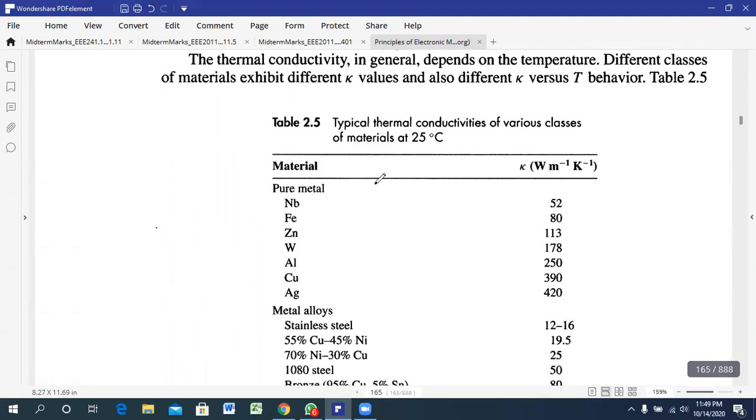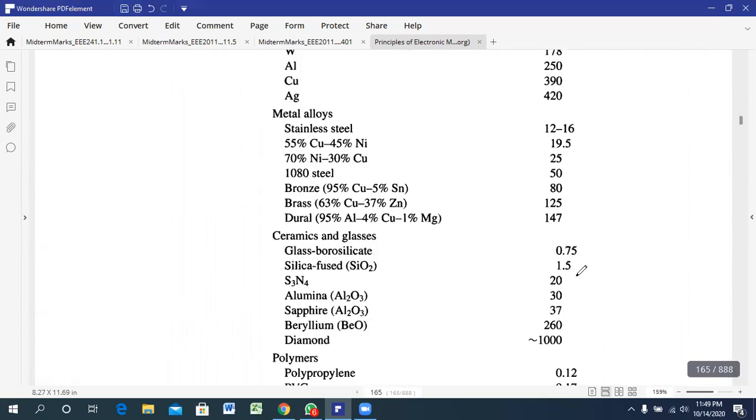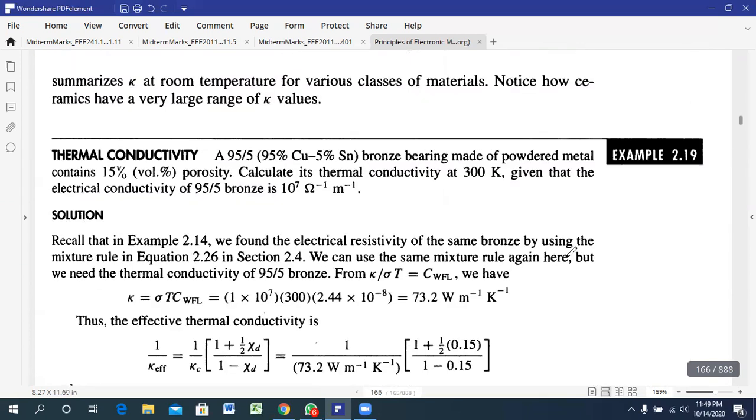Now this is the thermal conductivity of various classes of material at 25 degrees Celsius. On the left side are the parameters, and on the right side are the chi values. Using these formulas: a 95 by 5 bronze, that means 95% copper and 5% tin, bearing made of a powdered metal contains 15% volume of porosity.